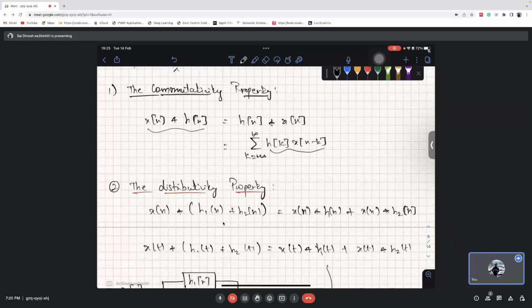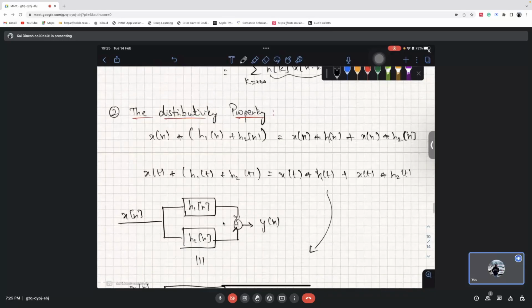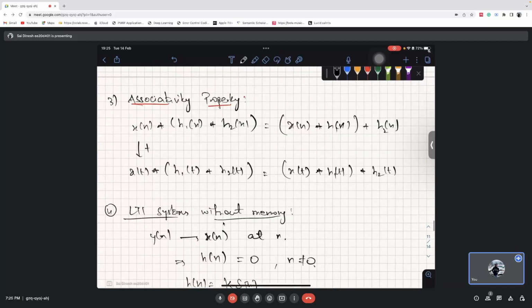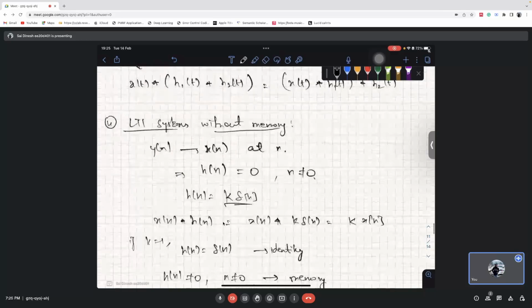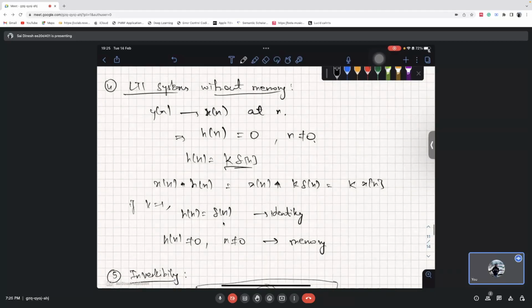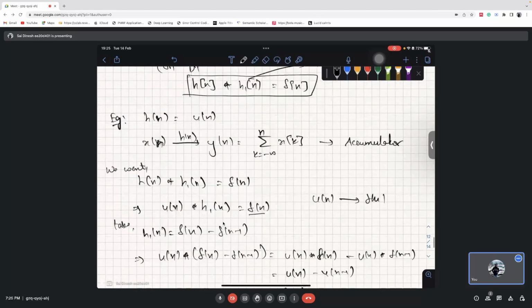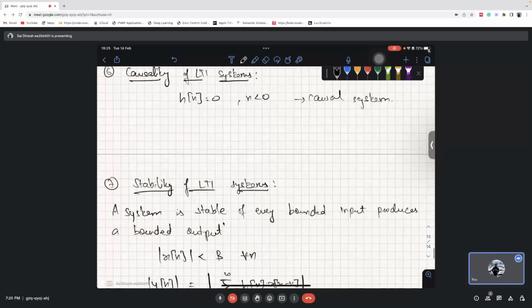This is the commutativity. And then the distributivity and associativity properties. So these are the properties of the systems that we have talked about. And then next we talked about memoryless systems, the inverse of an LTI system and causal LTI systems.